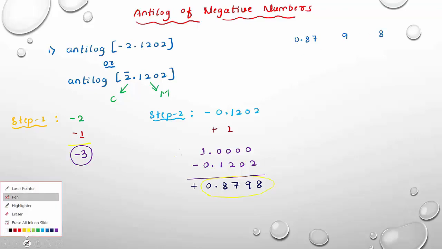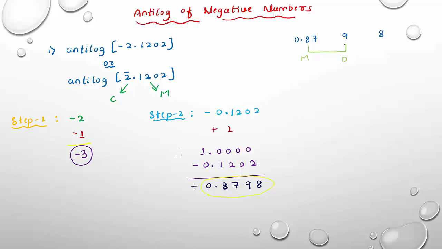At 0.87 and 9 we have to observe in the main column, and the difference column. This is the main column and this is the difference column. And then for 0.87 again we have to observe in the mean difference column. With the help of the log table, let us observe 0.87 at 9.